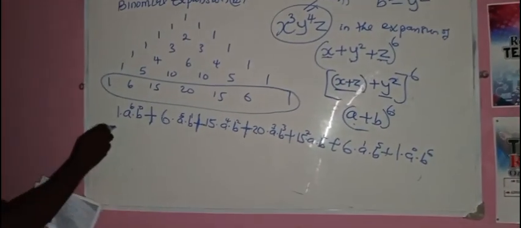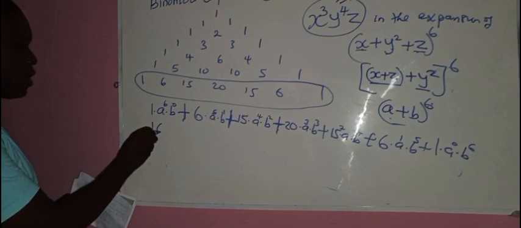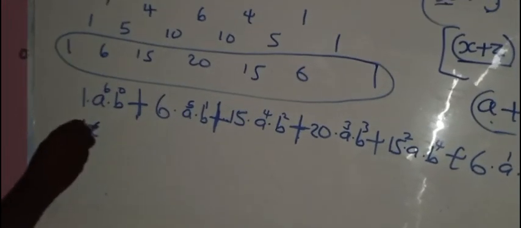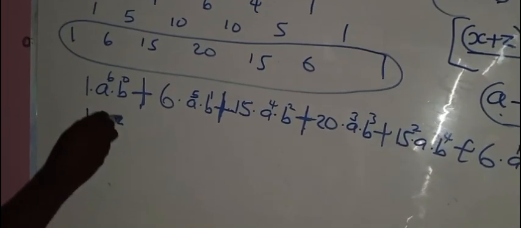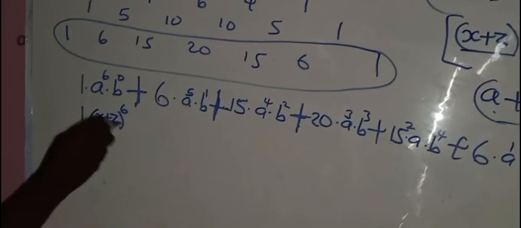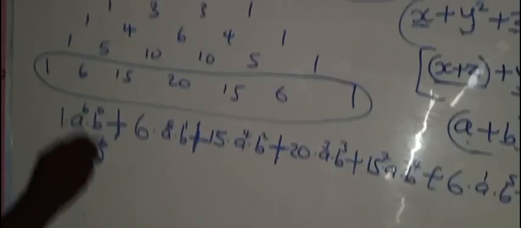Now, you substitute. This will be 1. Our A is x plus z raised to power 6, B raised to power 0.